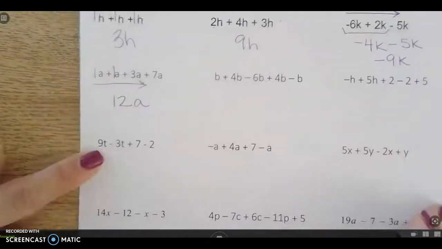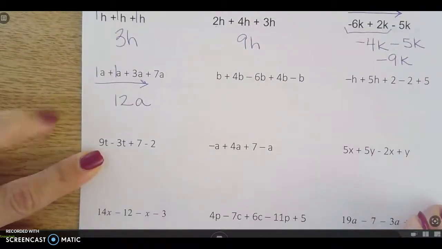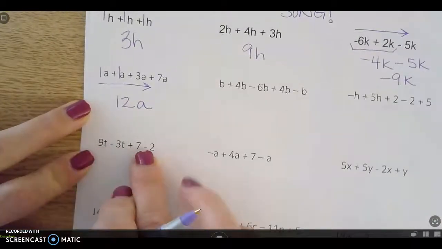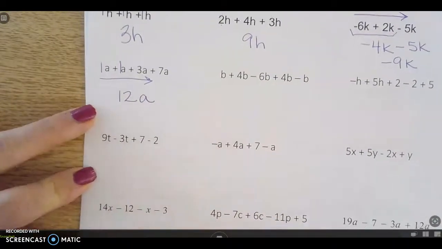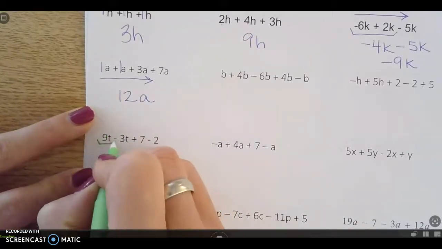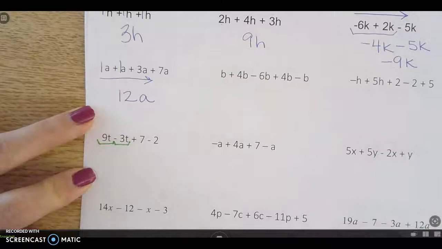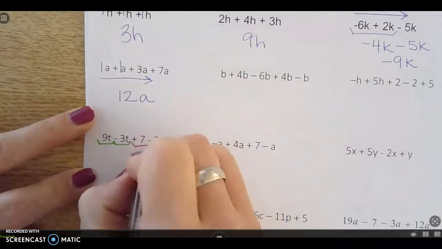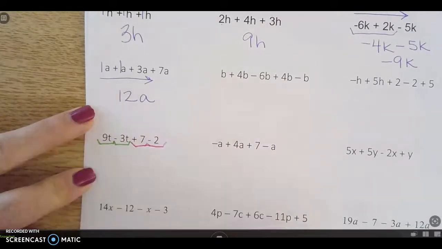I'm going to skip down here to this one, because notice here I have T's and constants. So I'm going to find my like terms. All right, I like to color code. I have T's here in green, and I have constants here in pink.